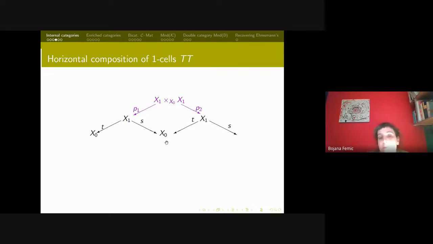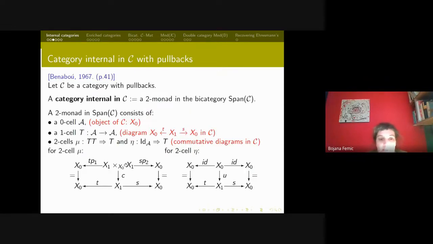This composition is made so that you take the pullback here of x1 with itself over x0. Then we have these two projections, p1 and p2, and the composition span is made by putting the pullback object in the middle, and then these two morphisms, p1 followed by t and p2 followed by s, and this is precisely what we have here on the top for the 2-cell mu.